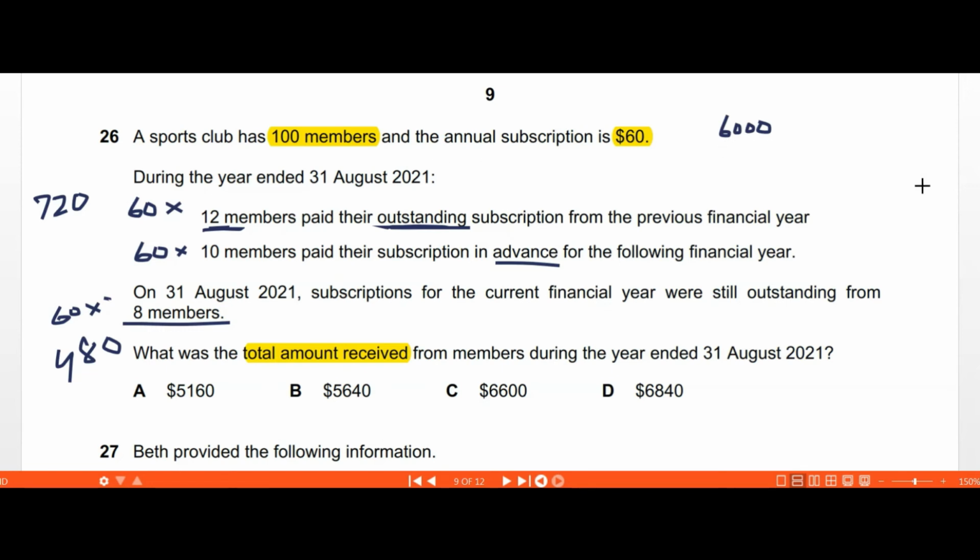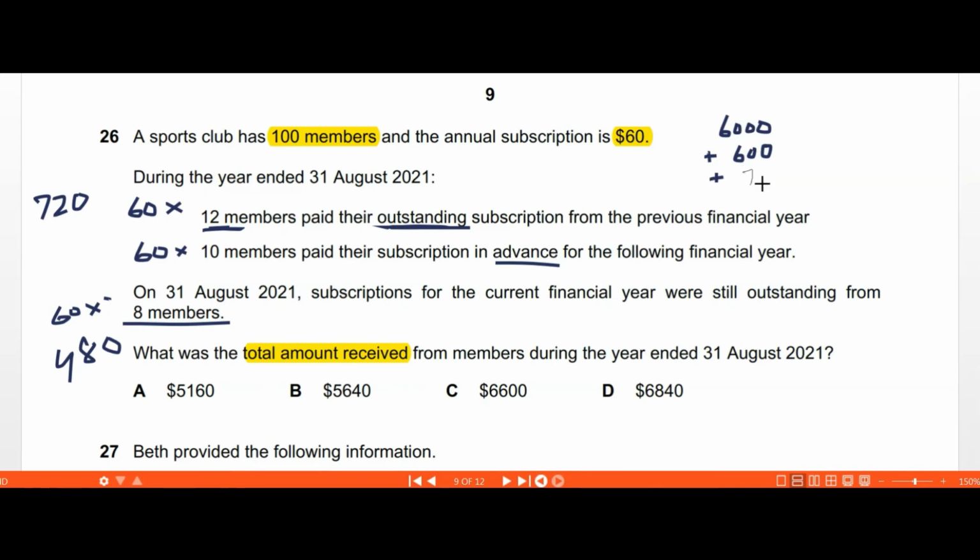So to do this calculation, we'll simply add in the prepaid amount, because that is what they are receiving. So 6,000 plus 600, and we will also add the amount that was outstanding at the start of the year, and this was 720.